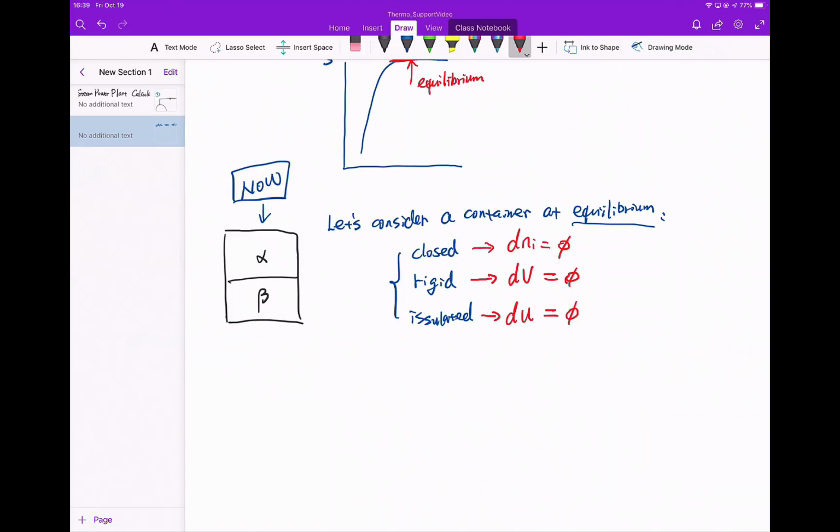We say now at equilibrium we satisfy dS, which is the change of entropy for the alpha phase plus the change of the beta phase, should be 0. This is because it's at equilibrium already.